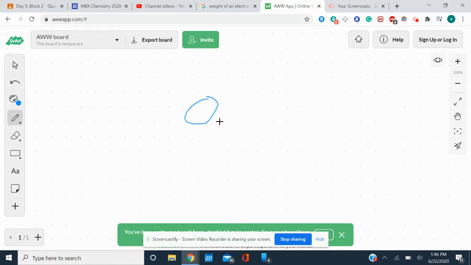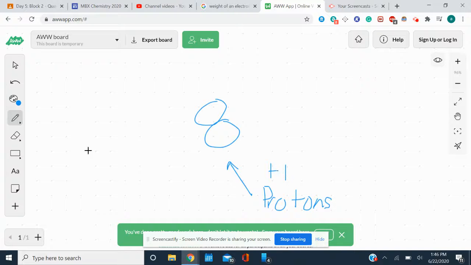First, I'm going to show you a diagram that I sketched of an atom and all the parts of it. These two blue circles that I'm drawing are protons, and they have a positive charge. Now these red circles I'm drawing are neutrons.